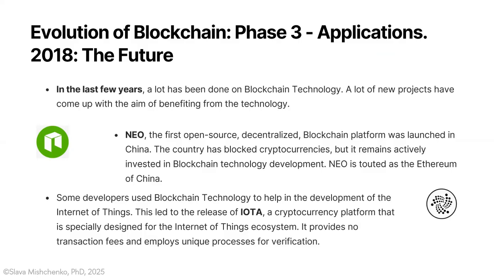And in my analysis of blockchain development, China's role is particularly interesting here because, despite the cryptocurrency ban, they remained at the forefront of blockchain innovation. If you take NEO, often called the Ethereum of China, I've been following its development closely.